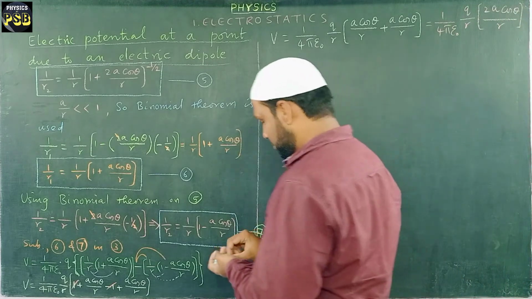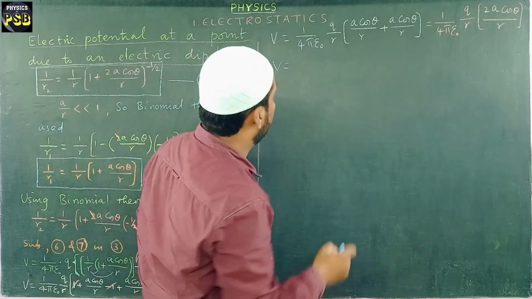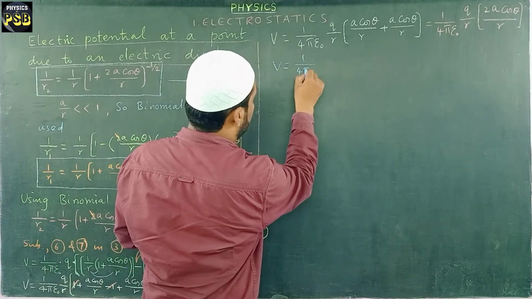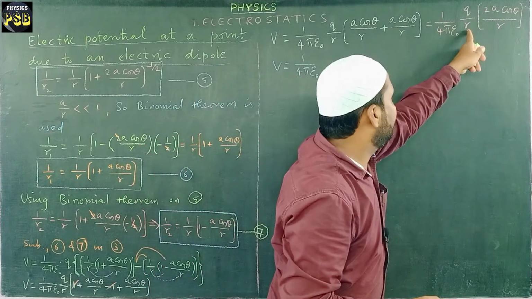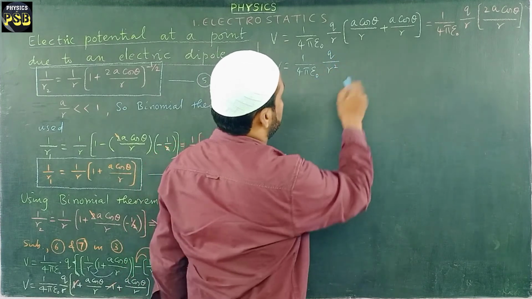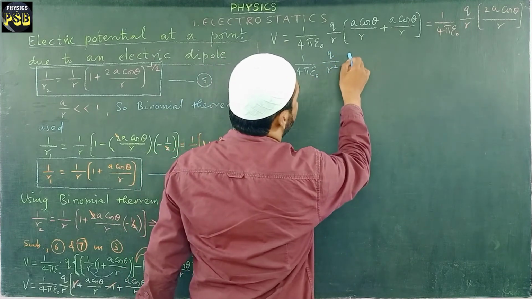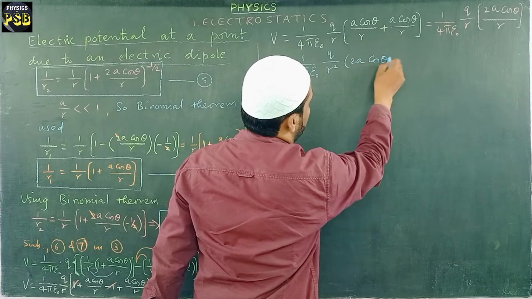The next step, this term is kept as such. Now R is multiplied with this. I get Q upon R square. Then what is written inside is 2a cos theta.